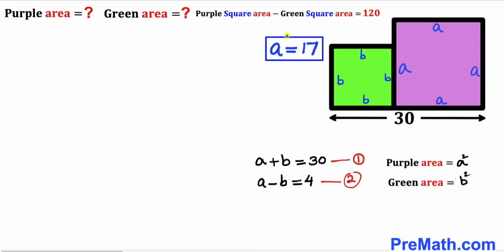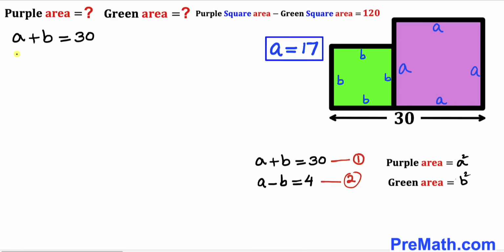Now we are going to find the value of lowercase b as well. Let's focus once again on equation 1. Here I have copied down equation 1, a plus b equals 30. We know our a value is 17, so I'm going to substitute this a value, 17, over here.